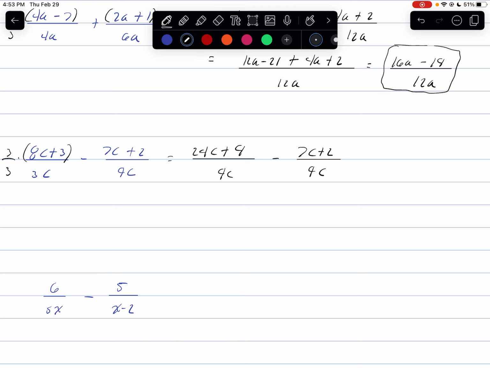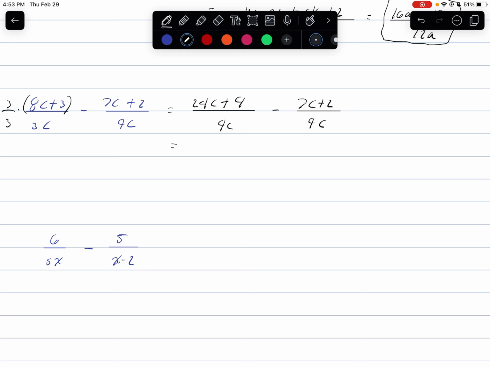So now they have a common denominator, and we can write this as a single expression. This is all going to be over 9c. So we have 24c plus 9 minus 7c plus 2. Okay, so we're going to get 24c plus 9 minus 7c, and then the minus will distribute to the 2, so we have minus 2.